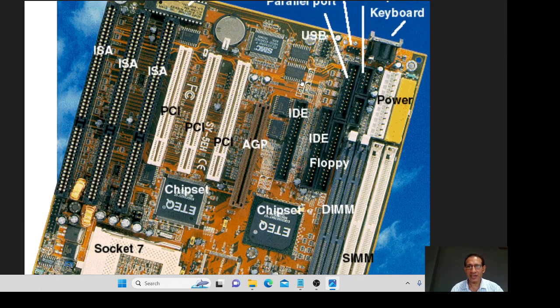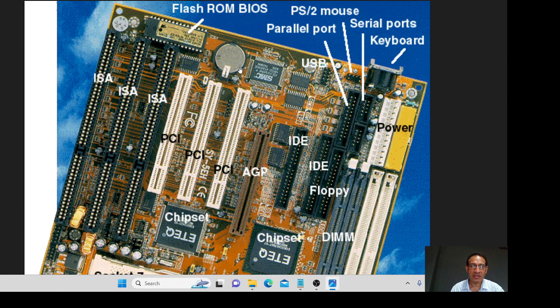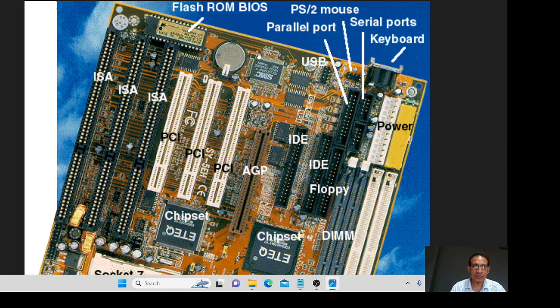And again the CMOS battery here is the battery which keeps the clock alive, because there is a CMOS chipset on the motherboard. CMOS is a small sort of chipset.